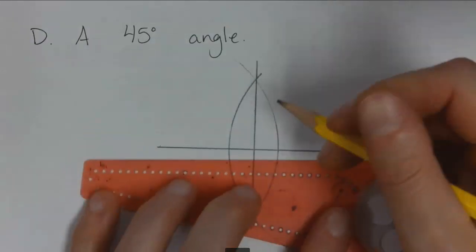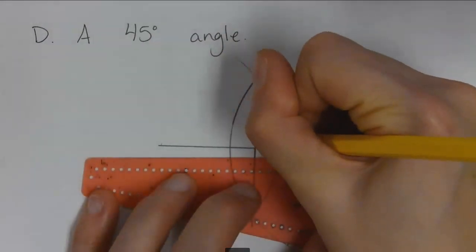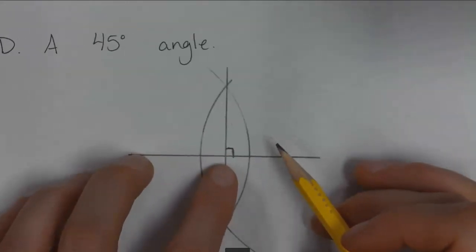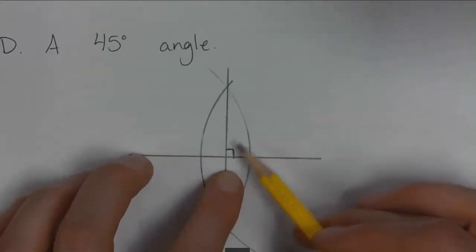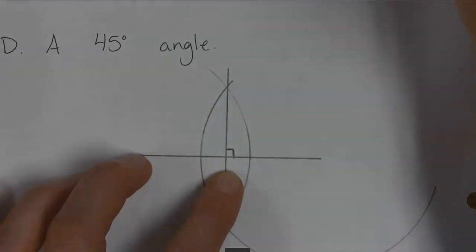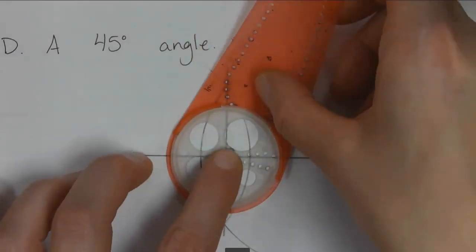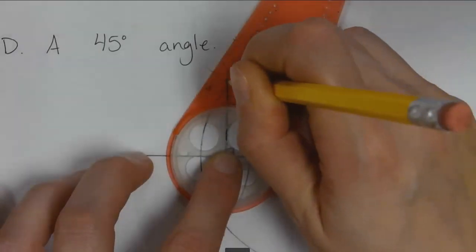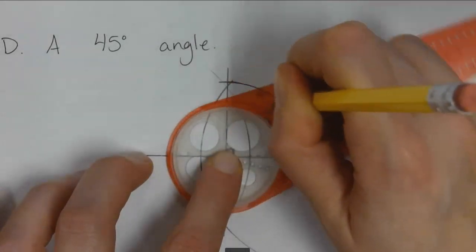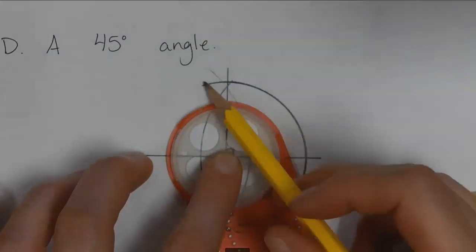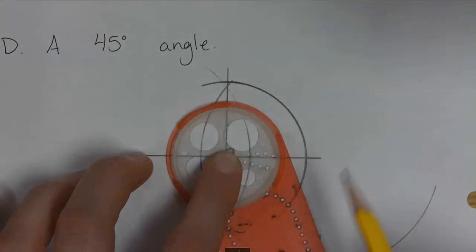I know that what I've just made here is a right angle. And now that I have this right angle, I can cut this right angle in half, and it will have to be 45 degrees. In order to cut an angle in half, I'm going to start by drawing a circle, just any random setting, and cutting it through that 90-degree angle.